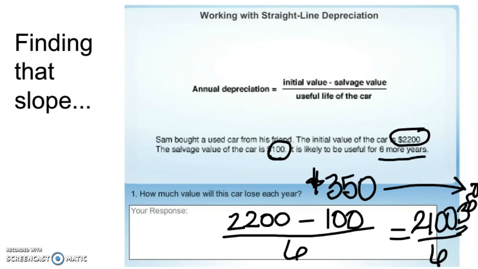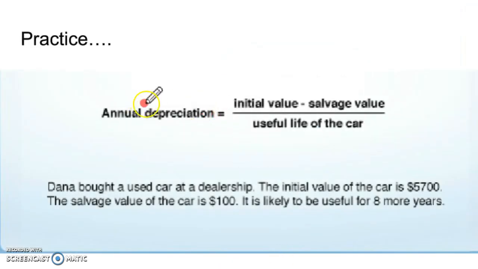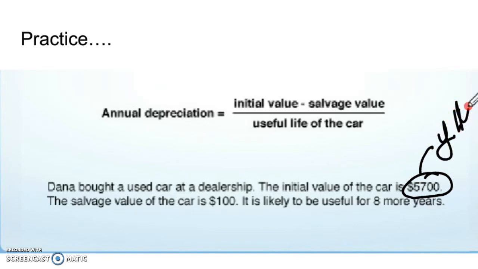All right, let's try another one here. Dana bought a used car at a dealership. The initial value, again, that would be our y-intercept, has an initial value of 5,700, a salvage value of 100, and it's useful for 8 more years.